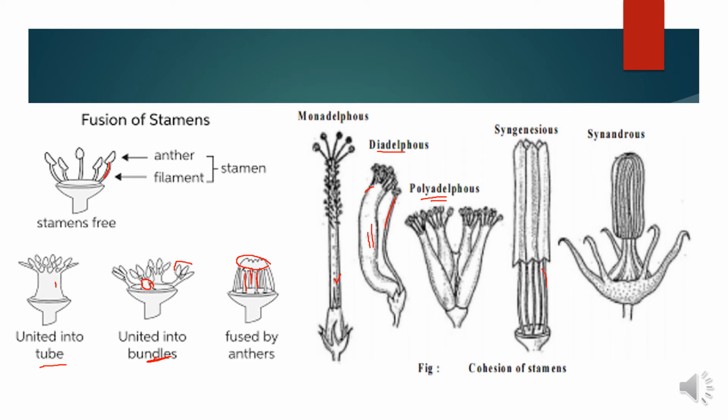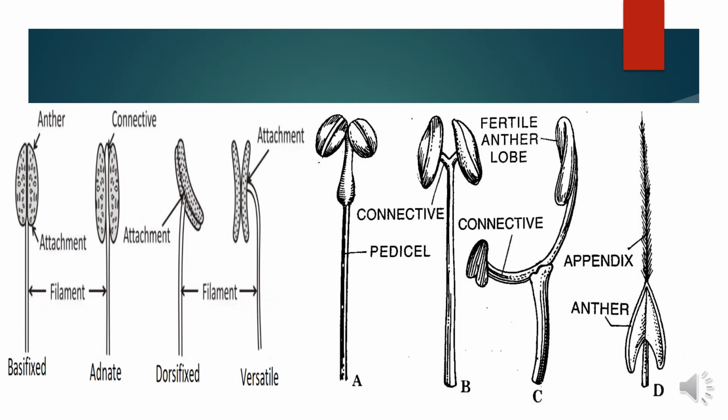Sometimes the filament is free and the anther is attached, that is this one and this one. And also sometimes the filament as well as the anther, both are fused, that is the synandrous.